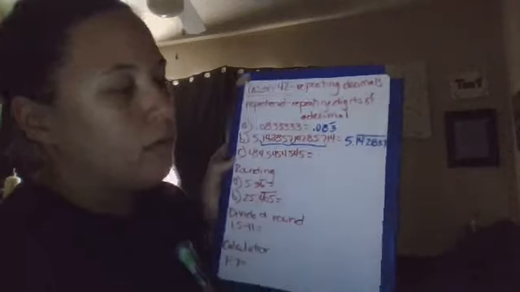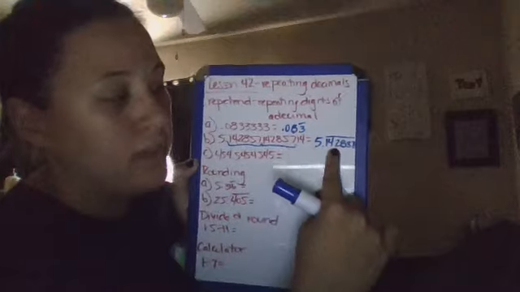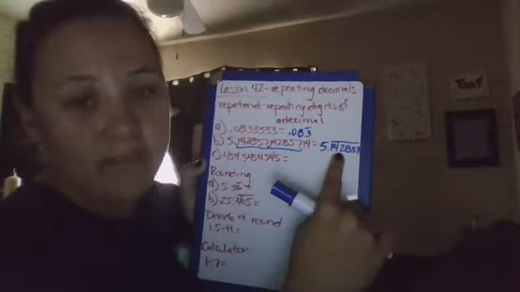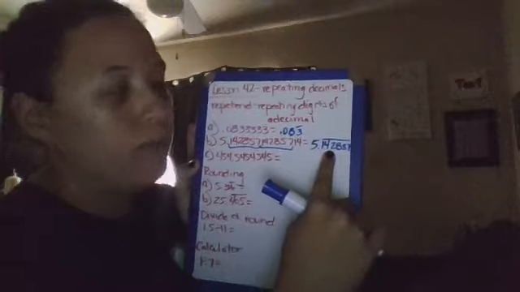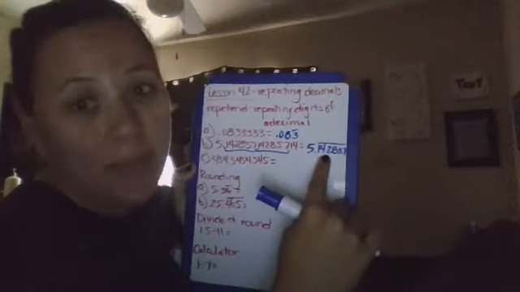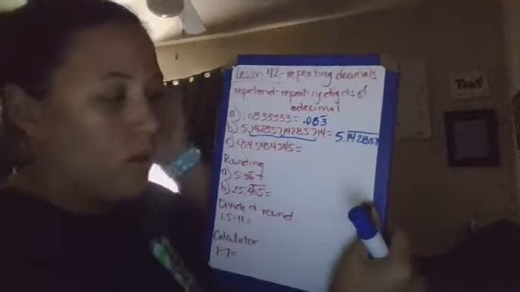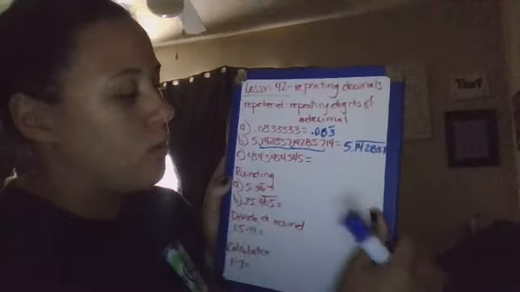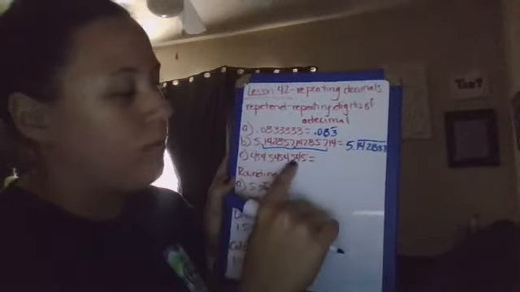So this whole number would become 5.142857 with a repeating line over all of it, so that people know the number keeps repeating. It just starts back over at 142857 and keeps going in that pattern. All right, and then our last one is 454.5454545.